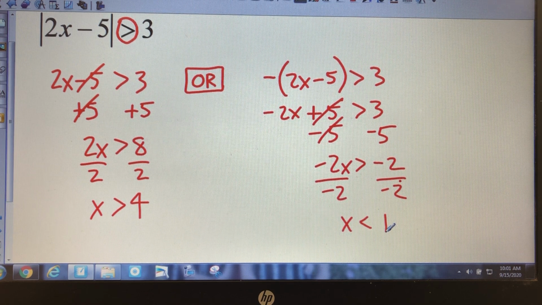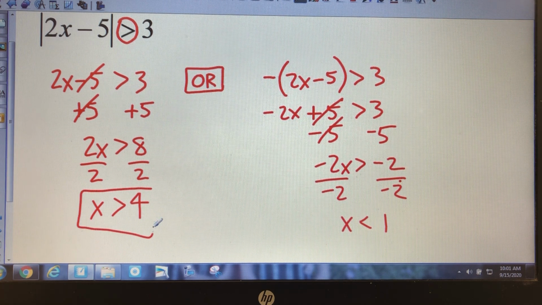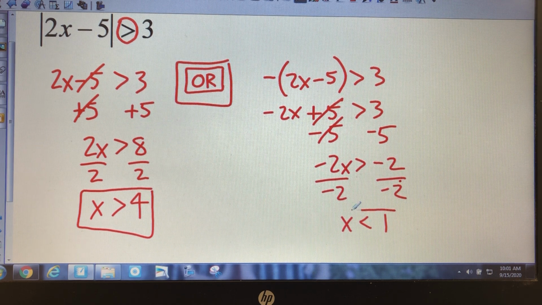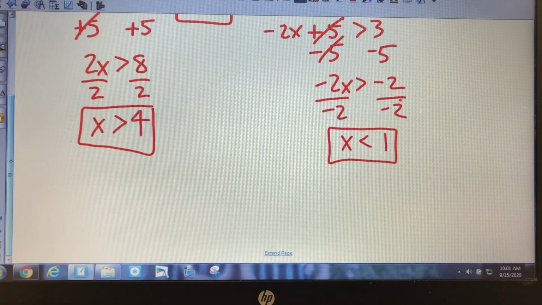All right, so let's think about this. We have over here, x is greater than 4, or x is less than 1. So if you're part of one of the groups, that's part of the solution set. So what we generally do now is graph our solution set.